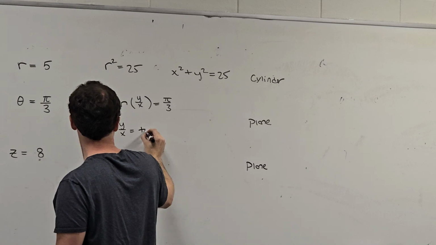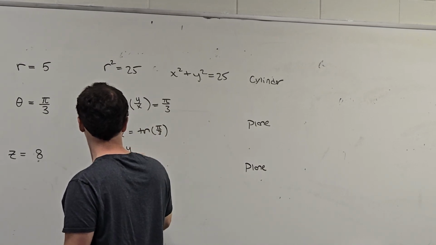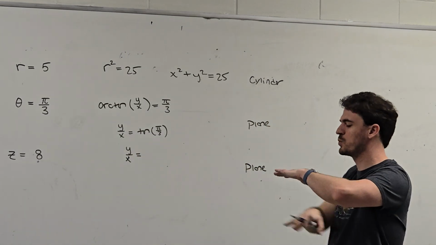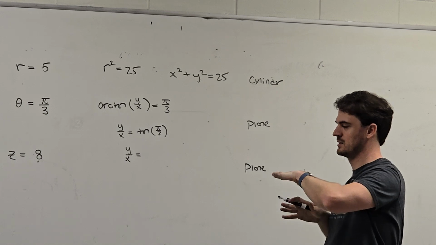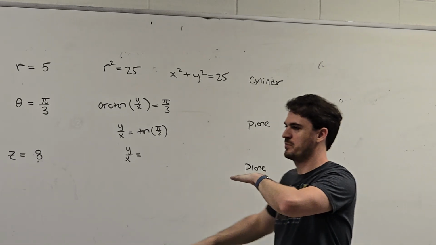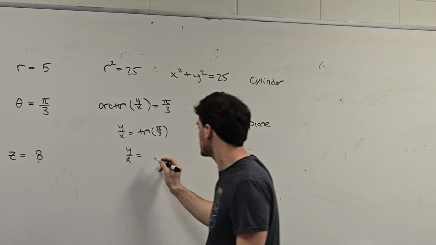That z equals 8 is perpendicular to your x and y coordinate. It's perpendicular or orthogonal to your x and y axes. That z equals 8 is parallel. Parallel. It's parallel. Okay.